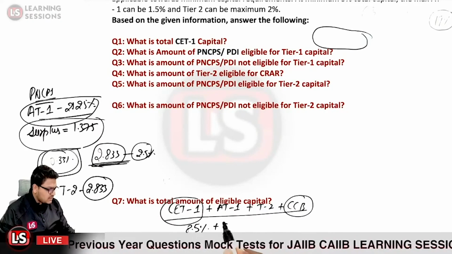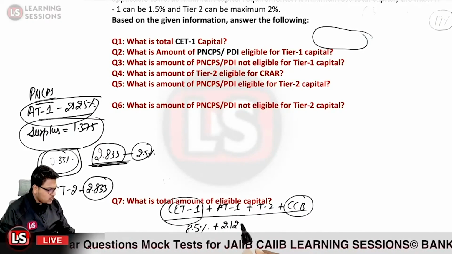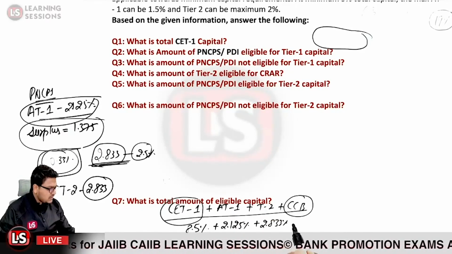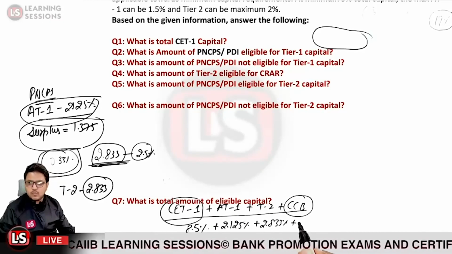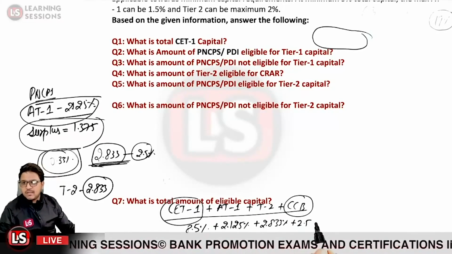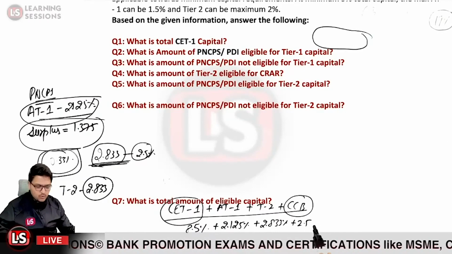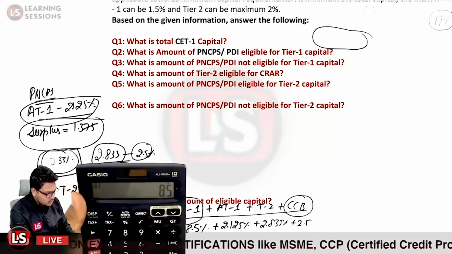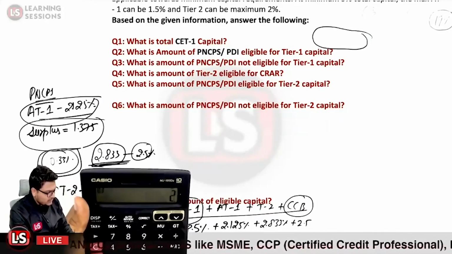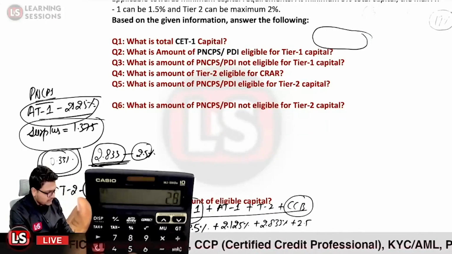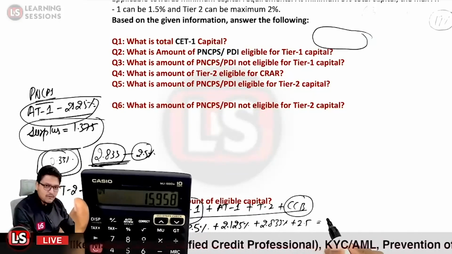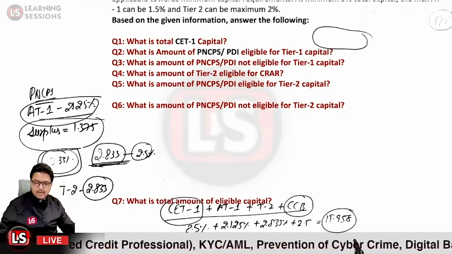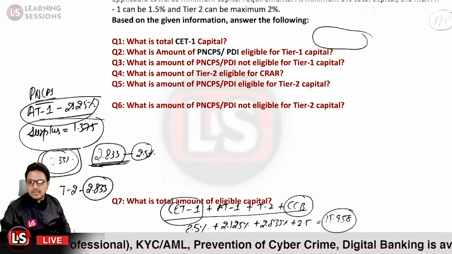And further the additional tier 1 capital that we calculated to be 2.125%, and the tier 2 capital would be 2.833%, and the CCB that is given to be 2.5%, and we need to add them all up. So the answer would be 8.5 plus 2.125 plus 2.833 plus 2.5. It comes out to be 15.958. So the eligible capital percentage is 15.958 out of the total capital of 17%.